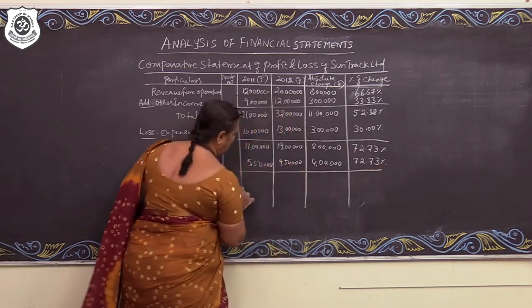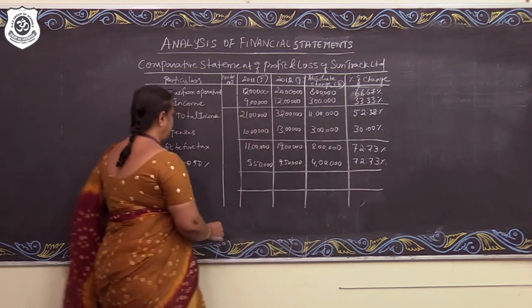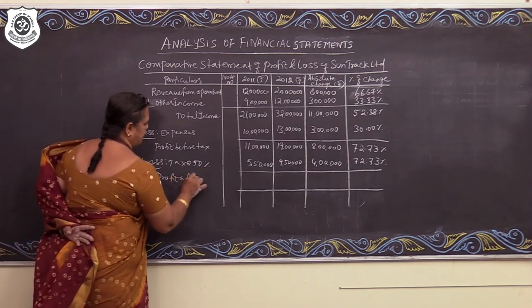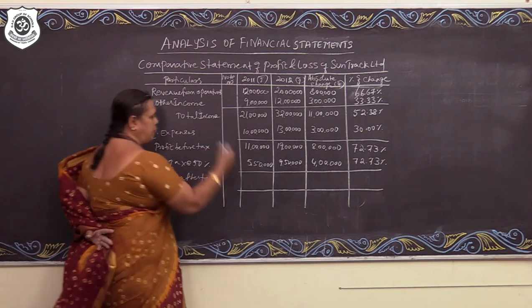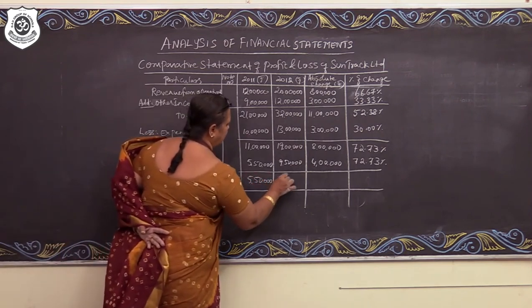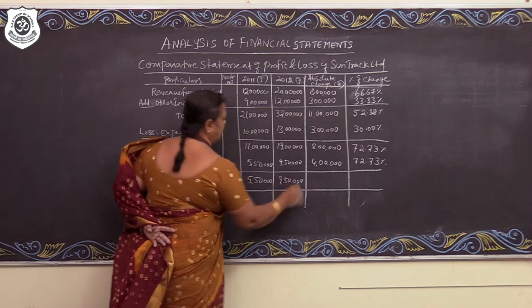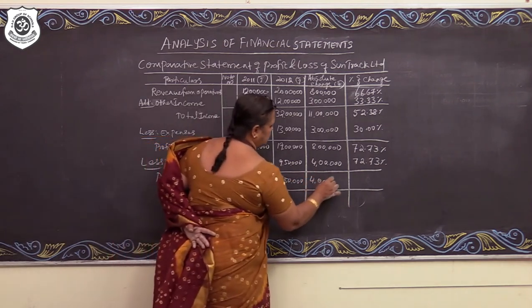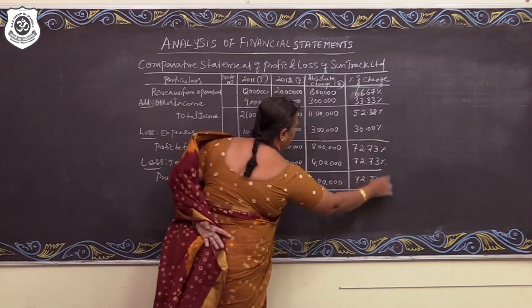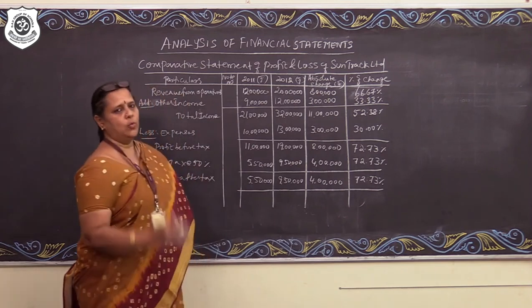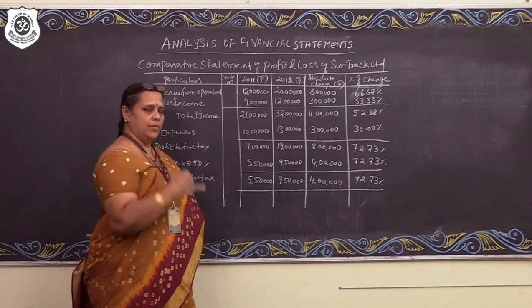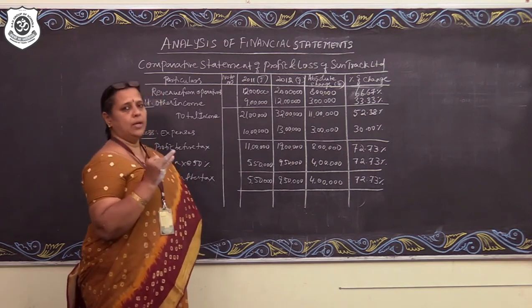So now profit after tax will be the remaining 50%, which is 5,50,000 and 9,50,000, 4 lakh is the difference, leading to a percentage increase of 72.73%.